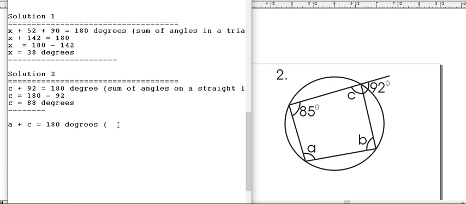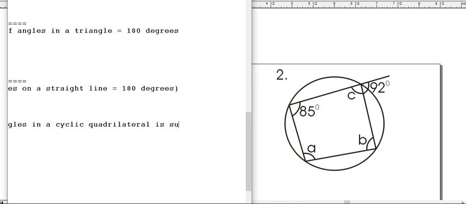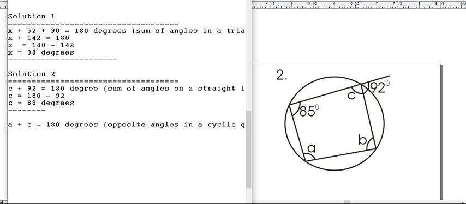So now A plus C is equal to 180 degrees from our theorem, which says opposite angles in a cyclic quadrilateral sum to 180 degrees.